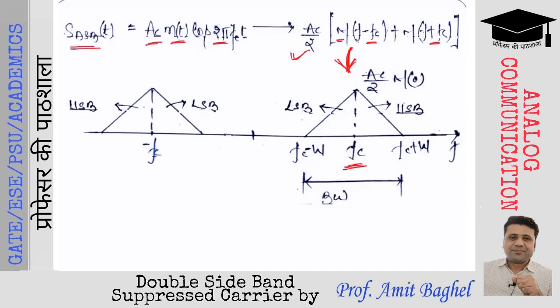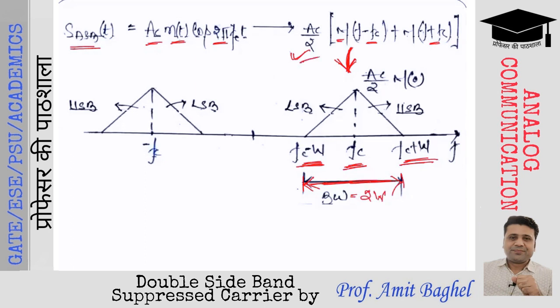So the highest frequency component of M of f minus fc is fc plus W, whereas the lowest frequency component of M of f minus fc will be fc minus W. और जो bandwidth होगा, that will be the highest frequency component minus lowest frequency component considering the positive side of the spectrum. Hence, the bandwidth will be equal to fc plus W minus fc minus W. Hence, the bandwidth will be equal to 2 times W.